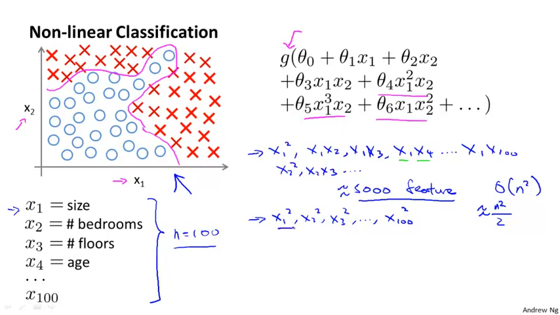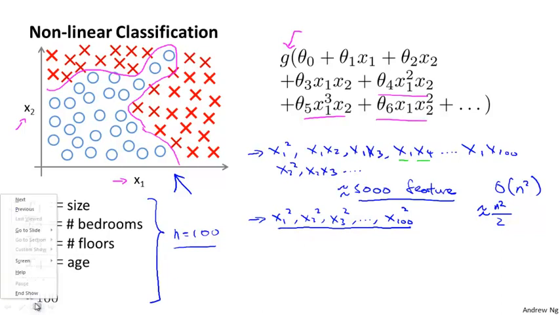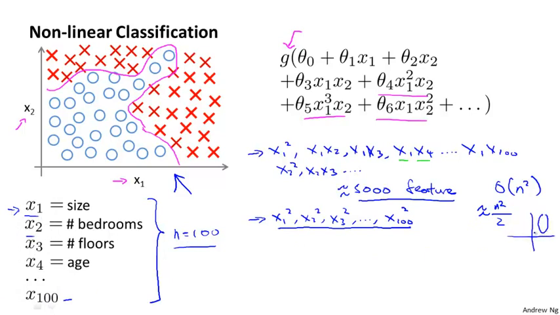In fact, if you include only these quadratic features together with the original x1 and so on up to x100 features, then you can't actually fit very interesting hypotheses. You can fit things like axis-aligned ellipses like these, but you certainly cannot fit a more complex data set like that shown here. So 5,000 features seems like a lot.